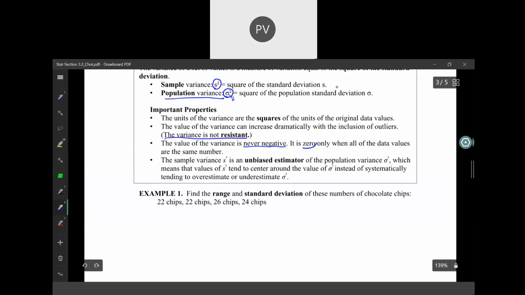So what happens when variance is 0? When variance is 0, that means the data values in a data set are all the same. If I have a data set with the same number, no variation, then I can say that variance is 0.